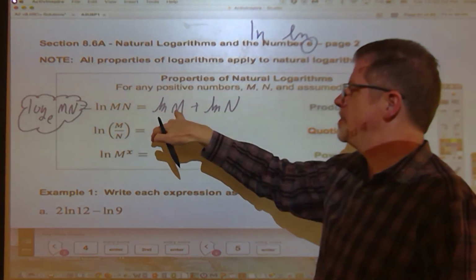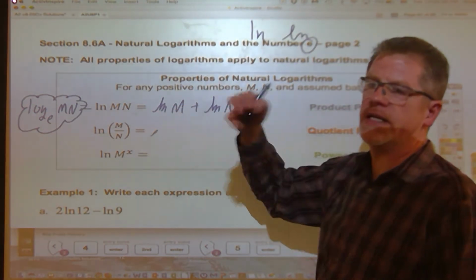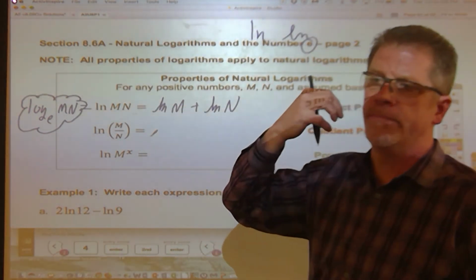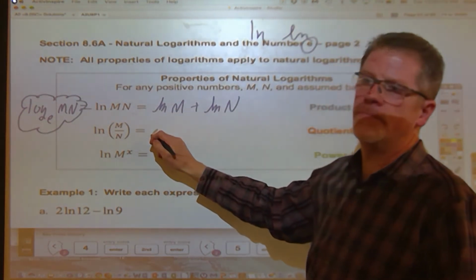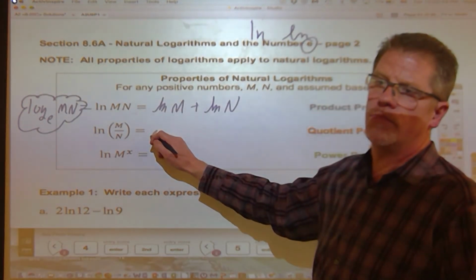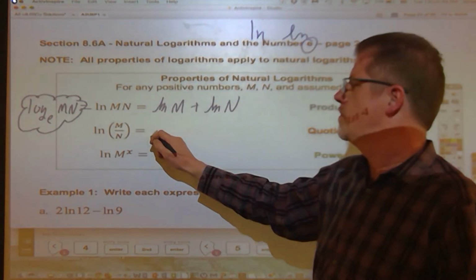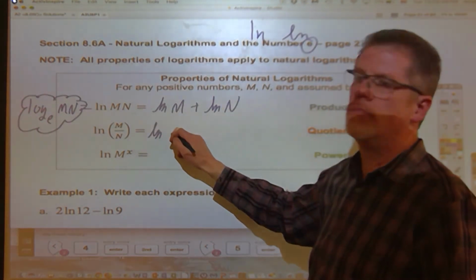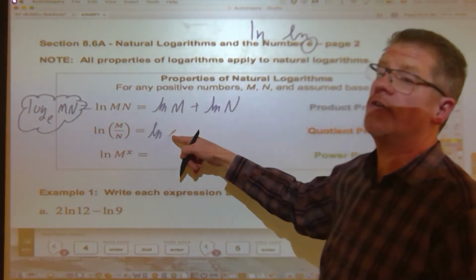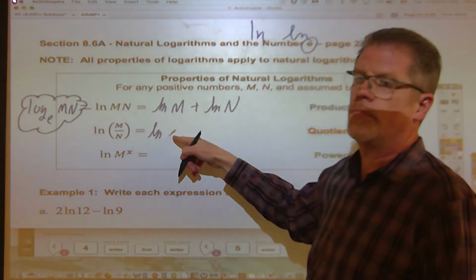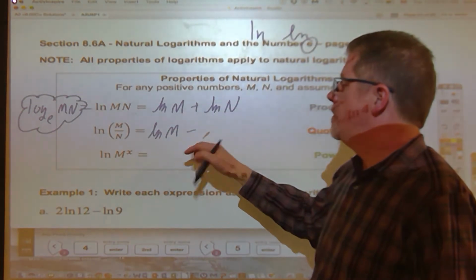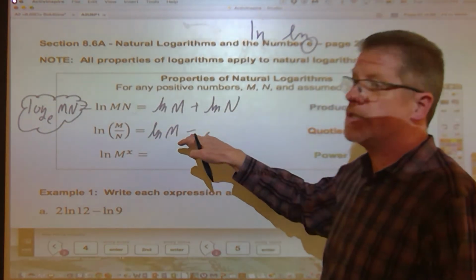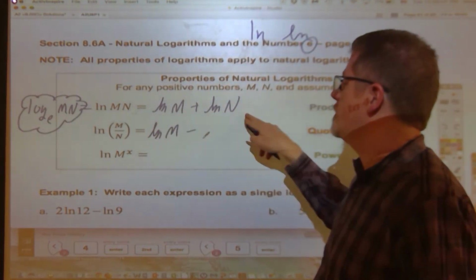So tell me what to write down for this one. You're hesitating a little bit. Is it because you're not sure how to pronounce that ln thing? No. Okay, go ahead and try it then. Natural log minus natural log of what? Of m. Good. Minus n. It's natural log of m minus, well, in fact, go ahead and pronounce this one for me.